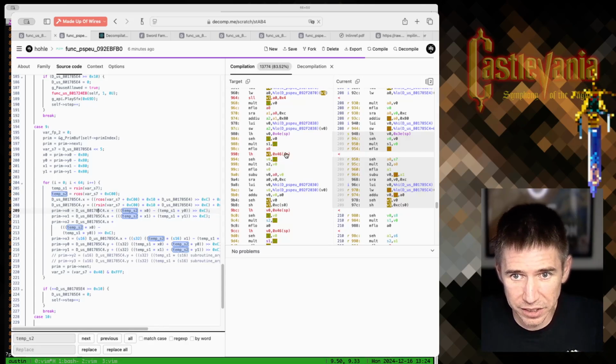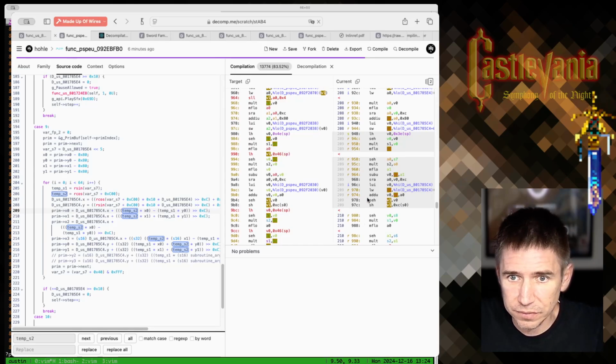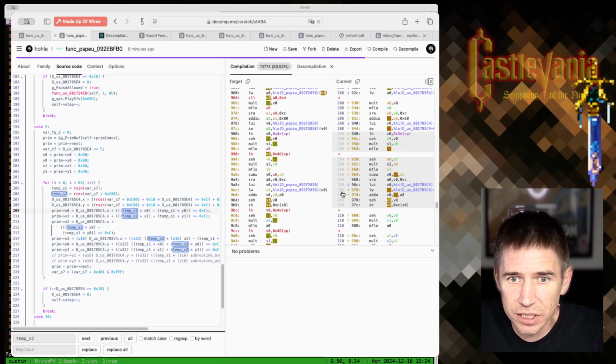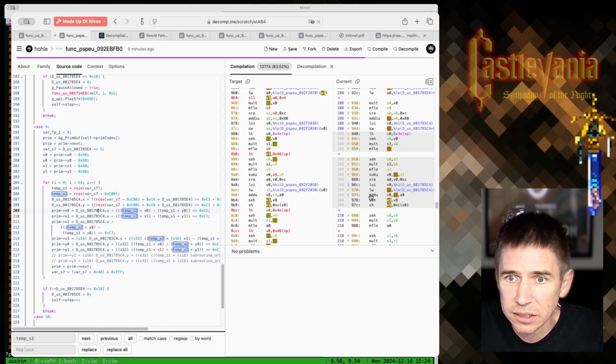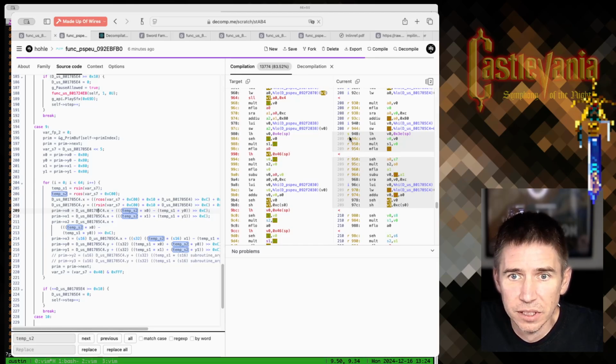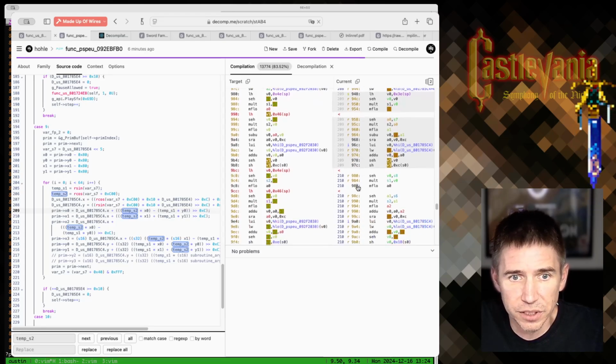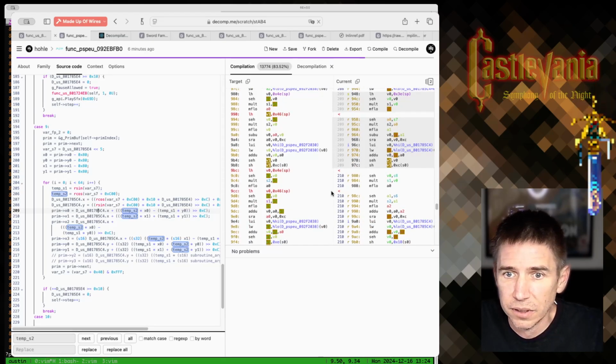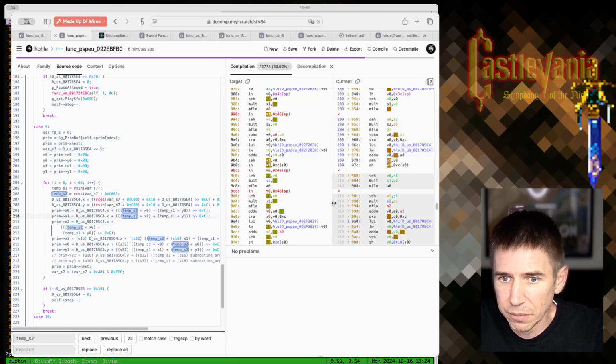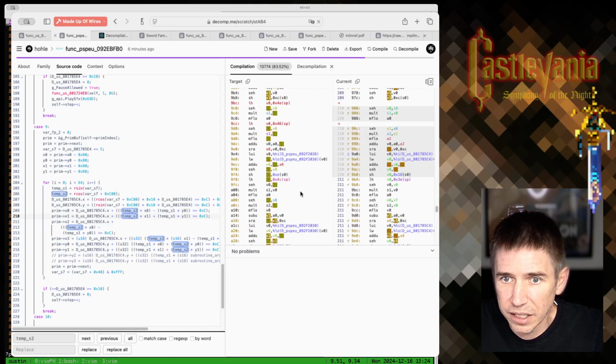Other than that, all the instructions look the same. So stack differences, immediate differences, that's going to be the case between the two systems. So I'm reasonably satisfied with that.